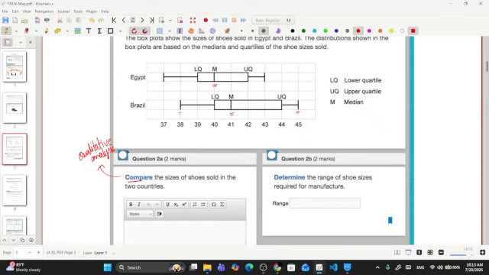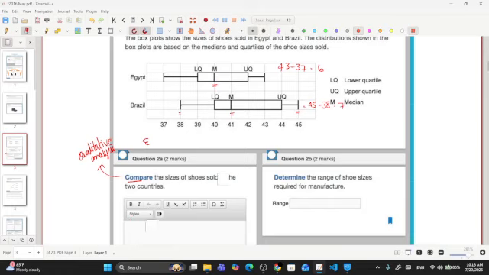So, for example, I can say that range. Now, I talked about range. Range is basically the maximum minus minimum value. In the case of Egypt, the range is 43 minus 37, which is 6. In the case of Brazil, it's 45 minus 38, which is essentially 7.